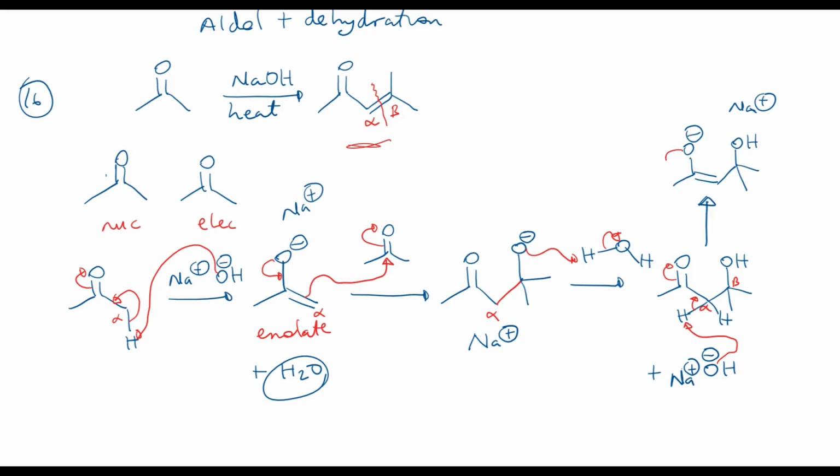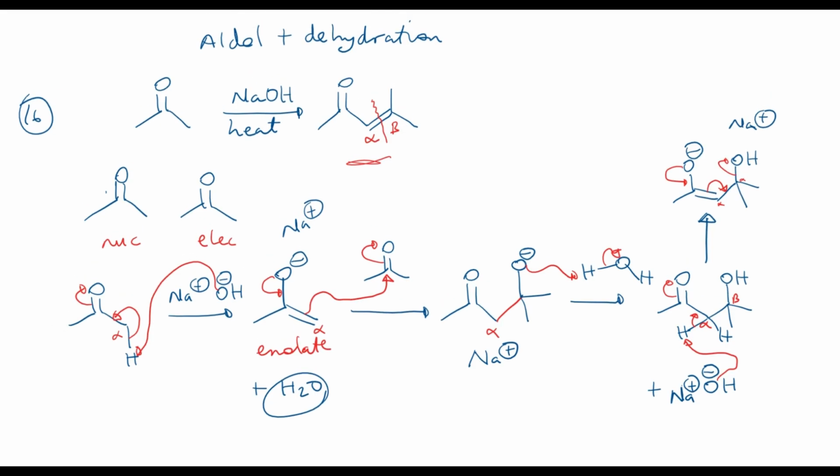Now, this negatively charged oxygen will reform the carbonyl group, which will then push the pi electron to form a double bond between these two carbons and eventually kick off the leaving group. And that will lead to the formation of the product and this conjugate base. Again, the counter ion will be attracted to the conjugate base. So this will be the mechanism for this reaction.